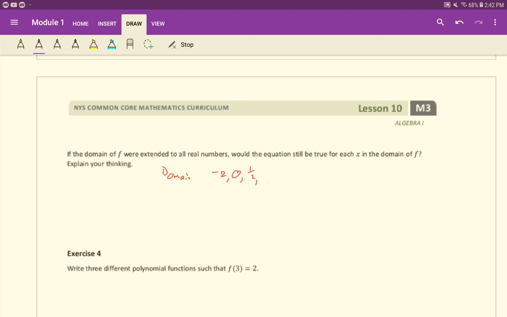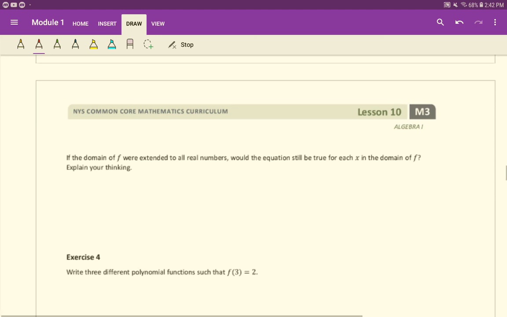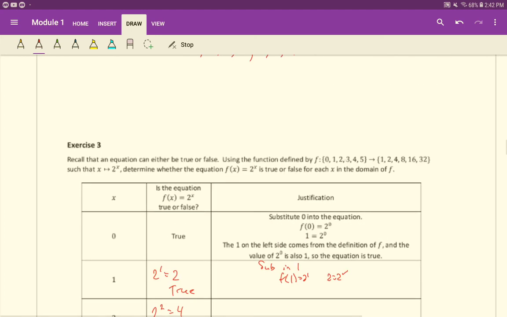Okay, if we extend the domain to be all real numbers, and not the domain that they give us right here, where it's just this limited domain, okay, will our function still hold true? Well, our range here is not going to have all the correct answers from our original domain.